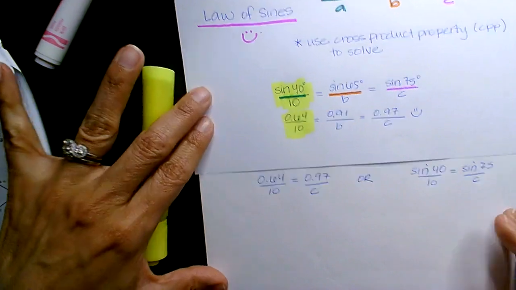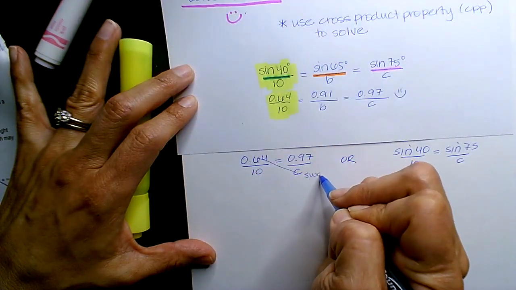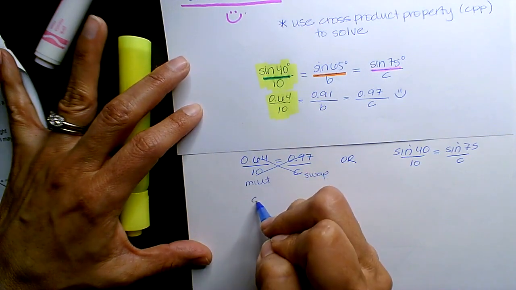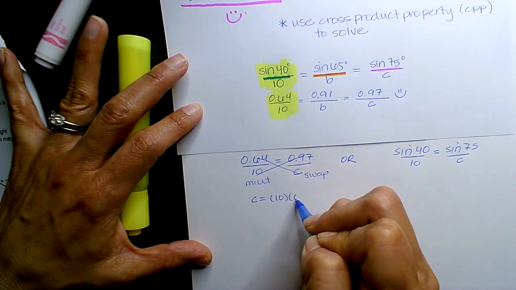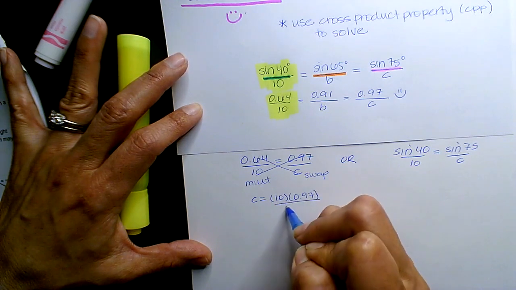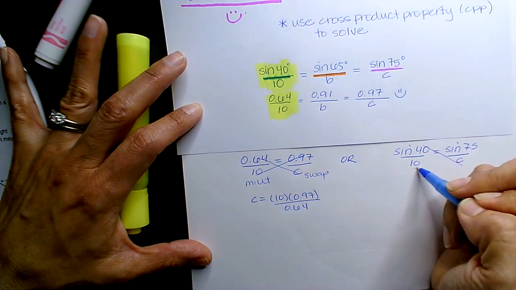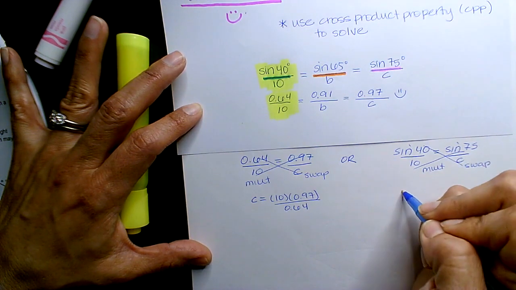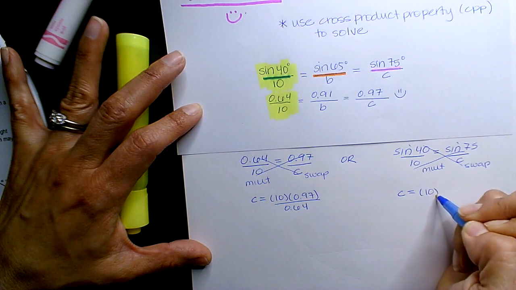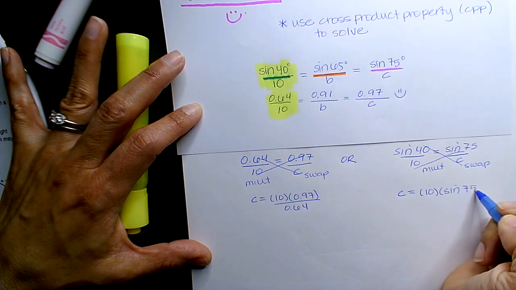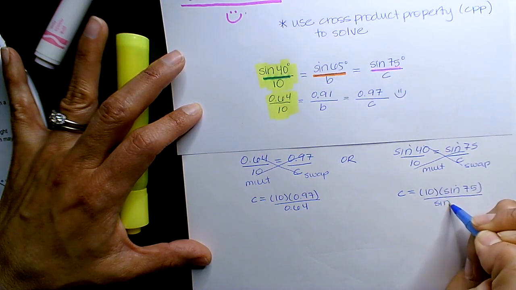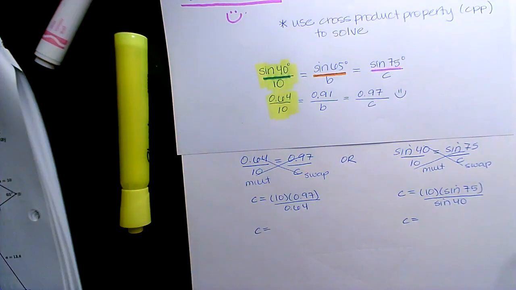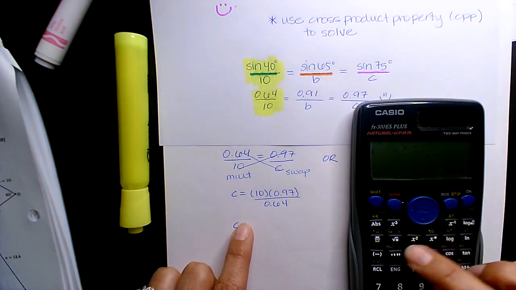If I multiply, so swap here, multiply here, and so I get, all right, what do we get?